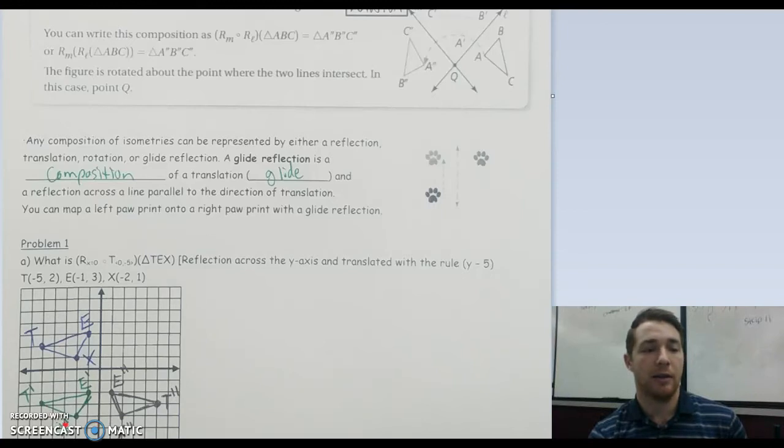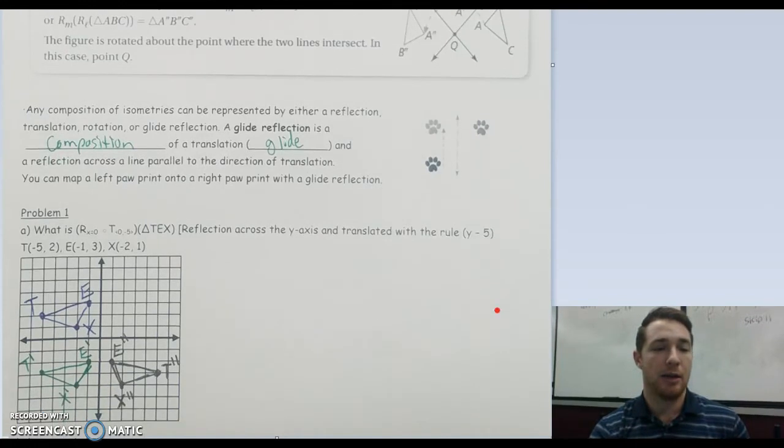So if I take this image, reflect that over the y-axis using the strategy we saw in 9.2, so count over the same amount on both sides, I would get this final image, T'', E'', X''. That would be in that fourth quadrant there. So I can move that triangle downwards and then reflect it. That would be a composition.